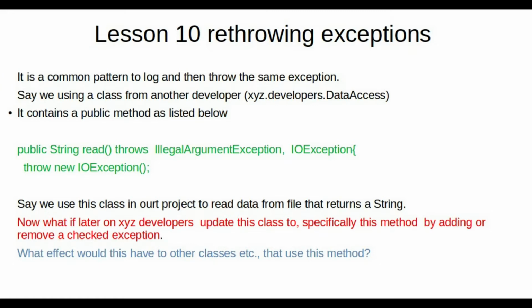Later on, let's say that XYZ update this class by adding or removing checked exceptions. That could be removing the IOException and adding another type of exception. Now, what effect would that have on our class that is using this class, which could be in a jar file and so on? That's what we're going to look at next.